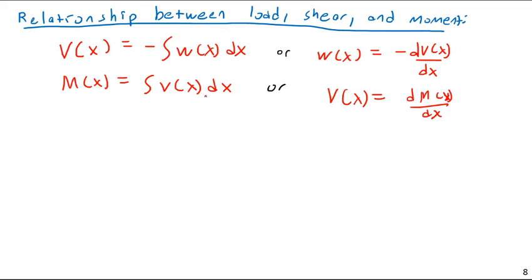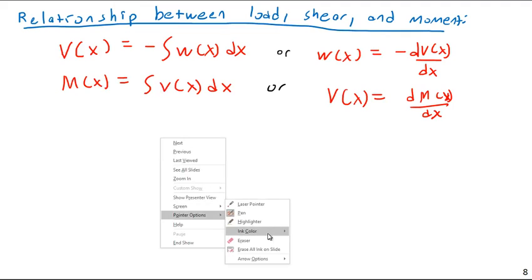You cannot get the full value of the moment function out of the shear function, because every time you take an indefinite integral, you're always going to end up with a plus c at the end. So really what the integral of shear tells you is the change in the moment between 2 points.